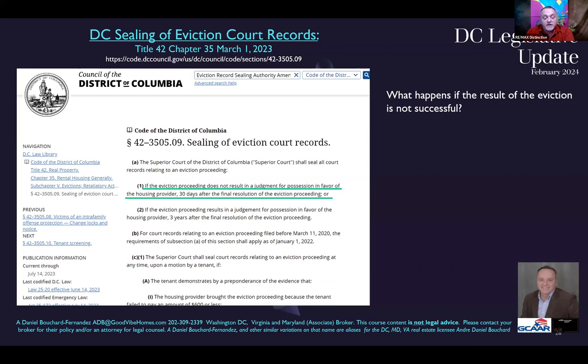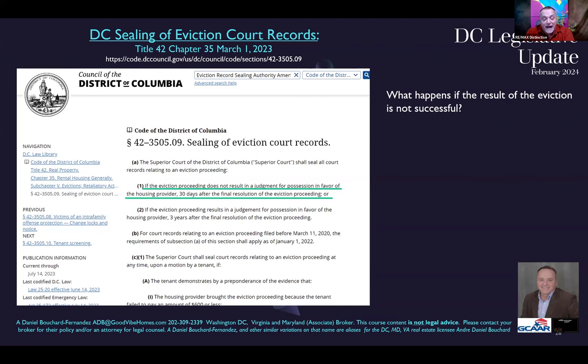So if the judge says no, we're denying your eviction, then the record is sealed after 30 days, and in theory, the court is supposed to prohibit Rent Spree or any other service provider from entering that into the credit file of that individual.